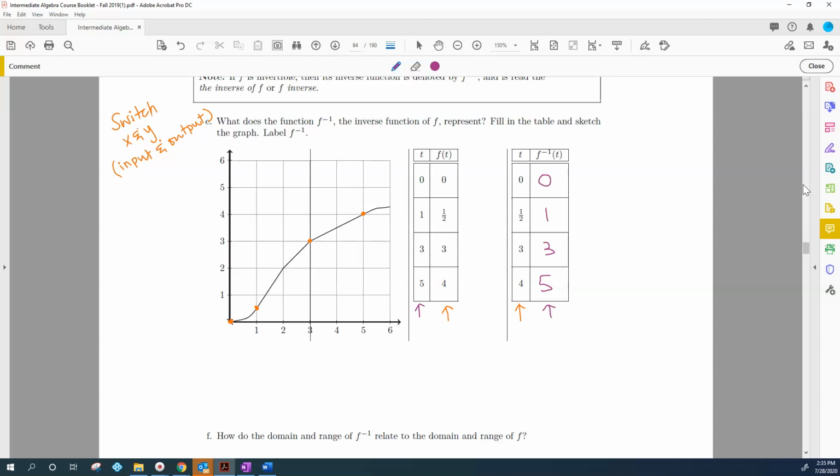And then I want you to graph what we have for this f to the -1 power of t, which really is said the inverse of f of t. So I'm going to write that above it here. It says the inverse of f of t.